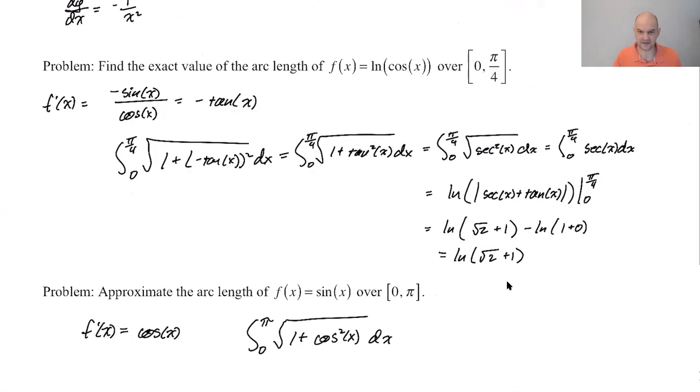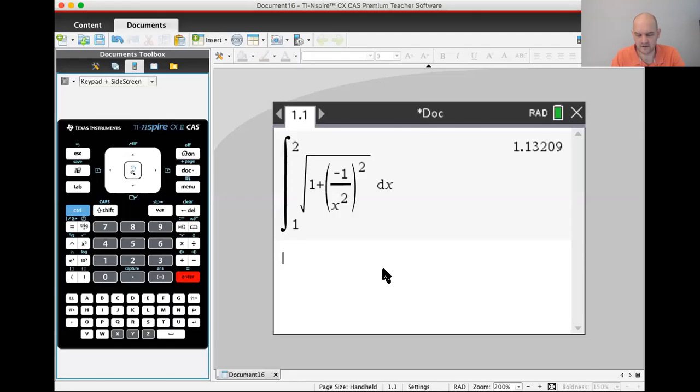All right, so we're checking the one above it, and we're going to get the answer to this one. So to the calculator. I want to do the integral of the square root of 1 plus tangent of x squared, with x as the variable, going from 0 to pi over 4. It's always like, I press enter and I just hope.